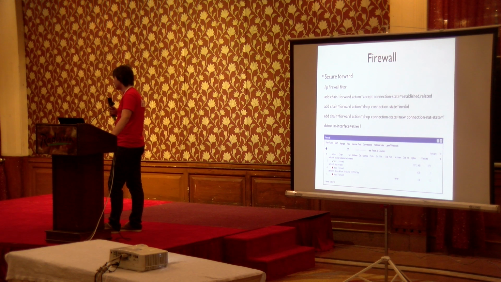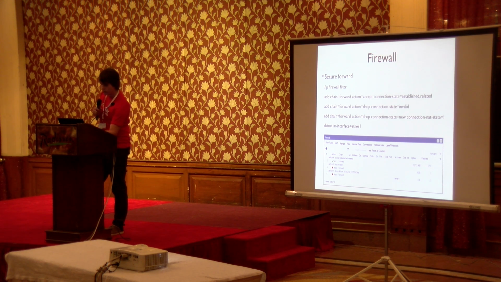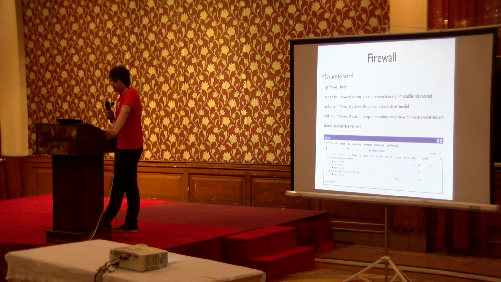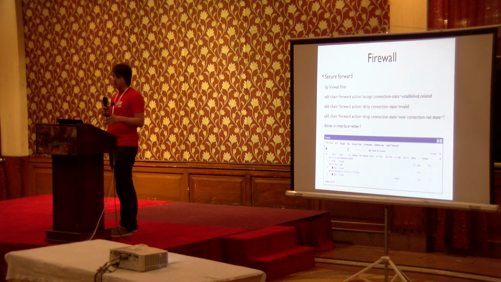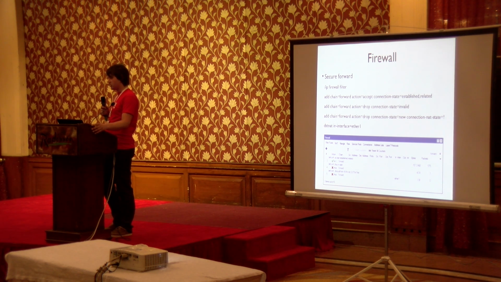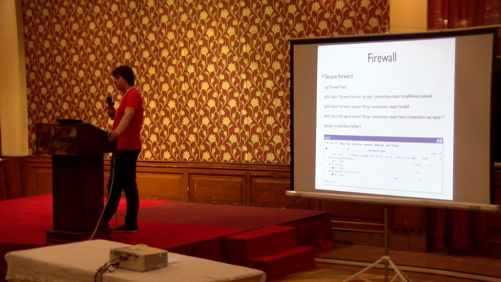And again, you can add one rule that would drop all the traffic that travels from the public interface. It's ether 1. You always want to also block invalid connections, and you have to add a firewall rule that has connection state established and related.